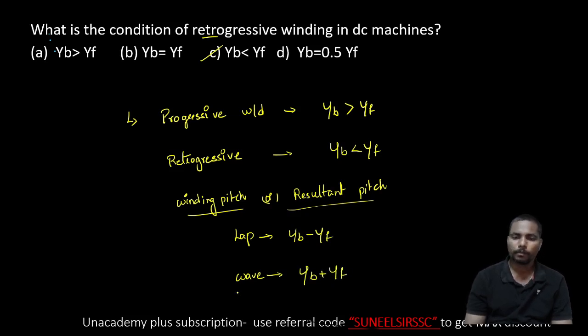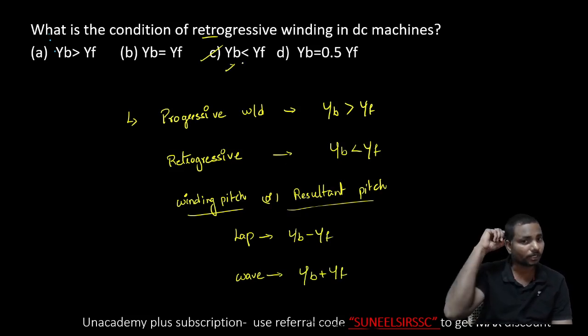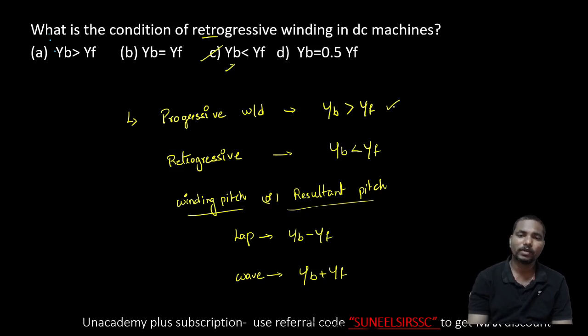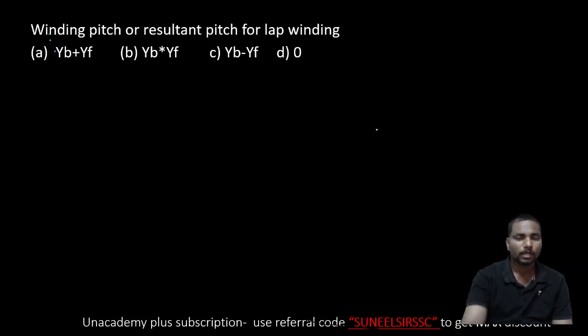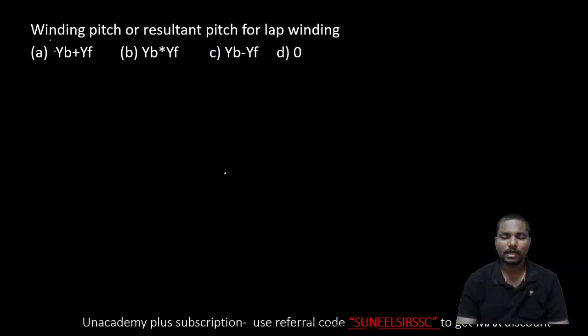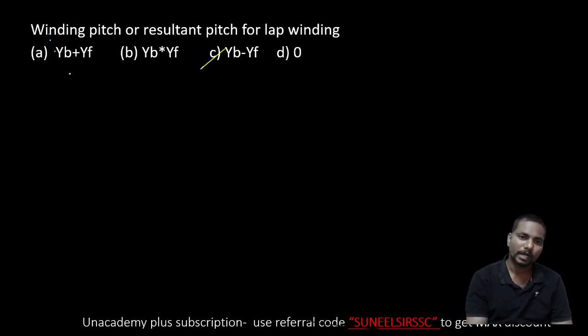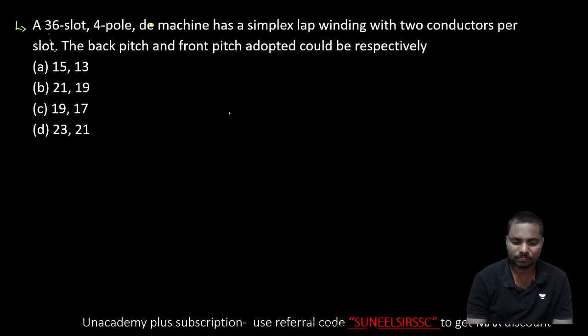So YB plus YF. This is the winding pitch. Here YB less than YF is the retrogressive, and YB greater than YF is the progressive type. Winding pitch or resultant pitch for lap winding is YB minus YF. If it is a wave, YB plus YF. So try yourself, after that check with the answer.